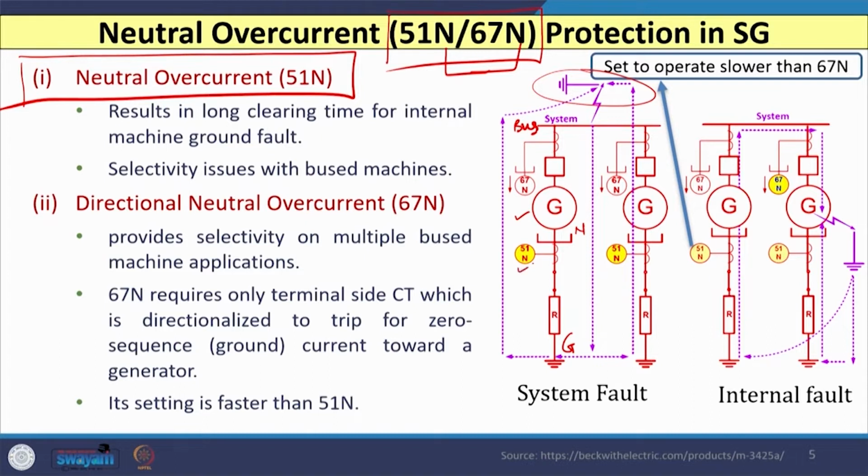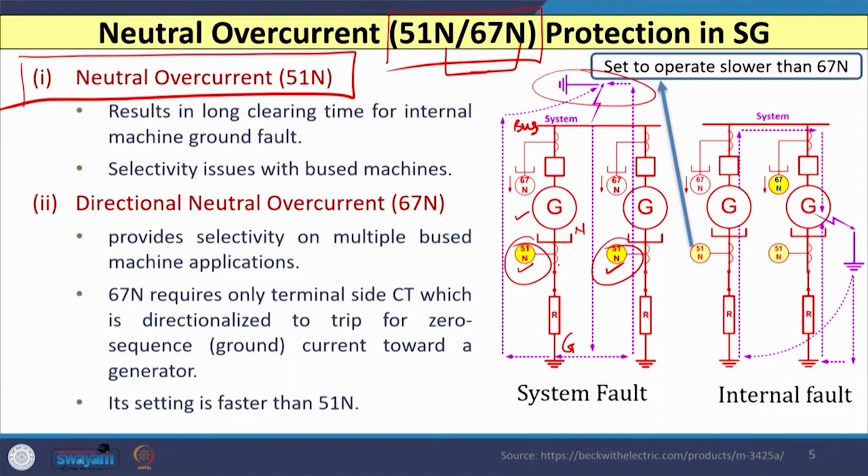So, as I have included 51N on both the generators, there can be multiple generators also running in parallel in the power station. If any fault occurs outside the generator protection zone, which we call an external fault, then this 51N detects such faults, and this 51N and this 51N both will operate because this is a bidirectional relay.